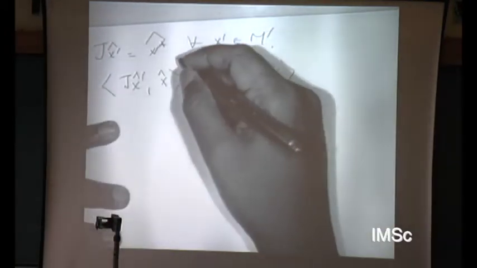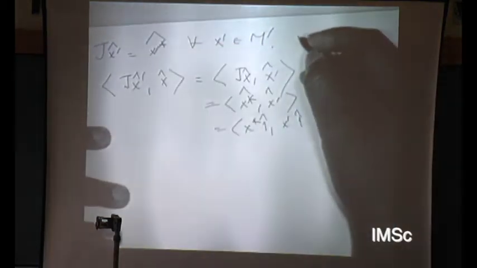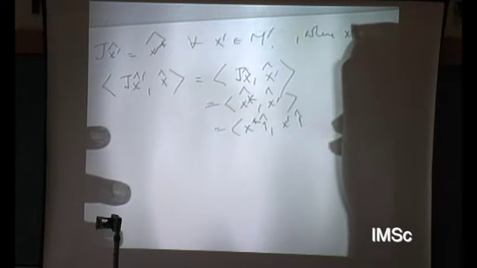So here what I mean is that x prime hat equals x prime of 1 hat. X prime of 1 hat makes sense because 1 hat is the 1 of M, the identity operator on L2(M).